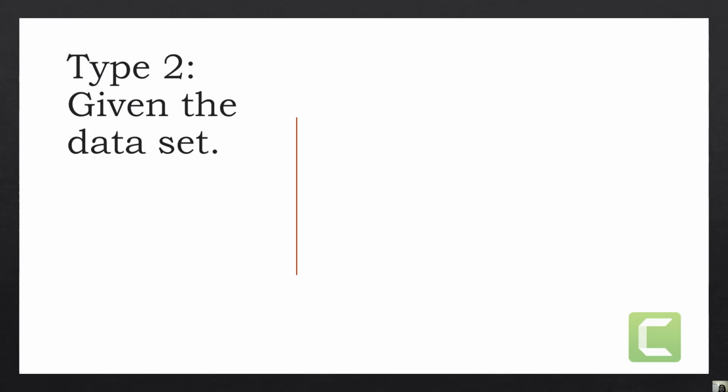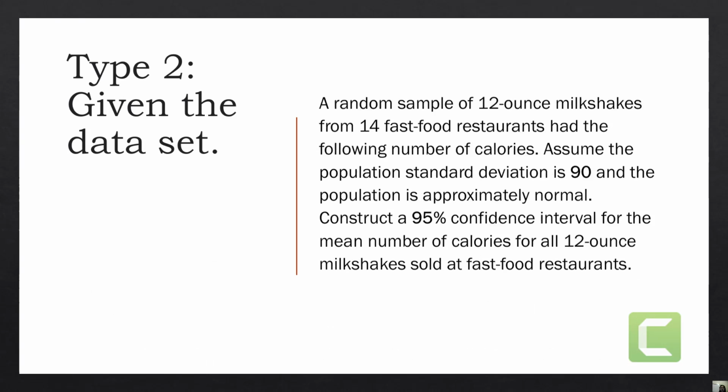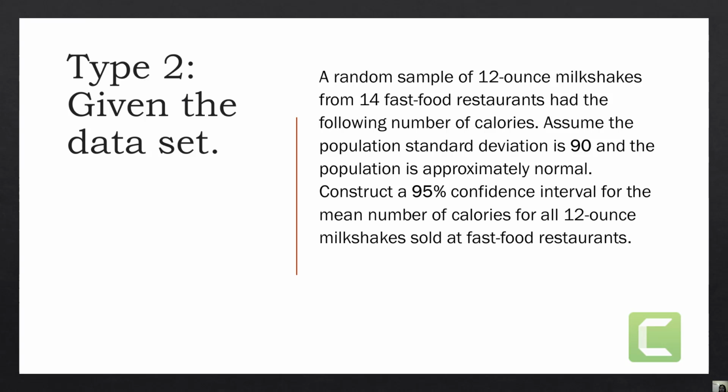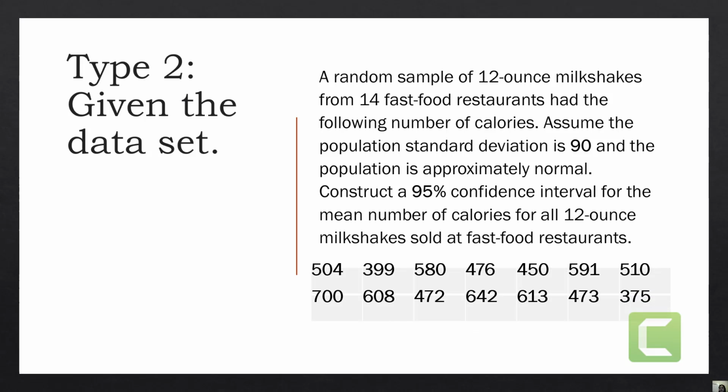So that was the first type of confidence interval using z-interval. The second type is given the data set. So let's consider this example. A random sample of 12 ounce milkshakes from 14 fast food restaurants had the following numbers of calories. Assume that the population standard deviation is 90.